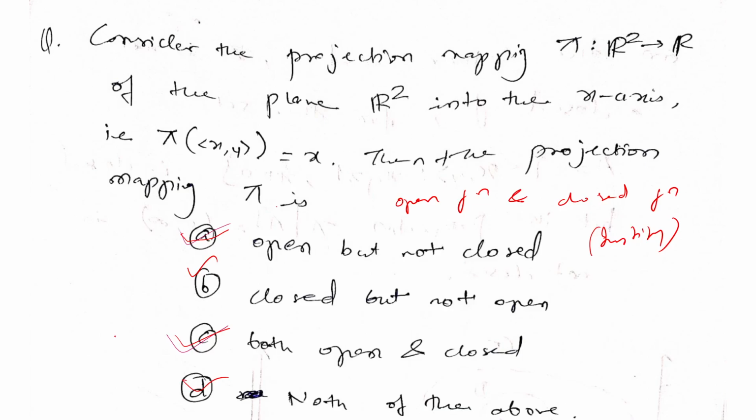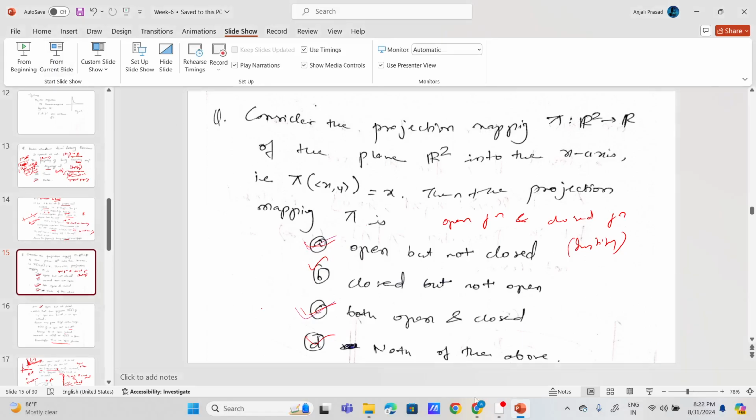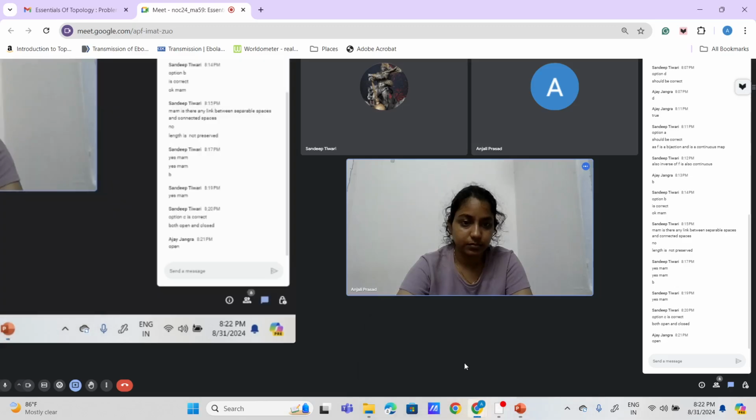Is it both open and closed, or is it something else? Open, but what about closeness?